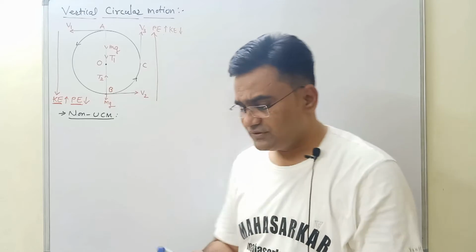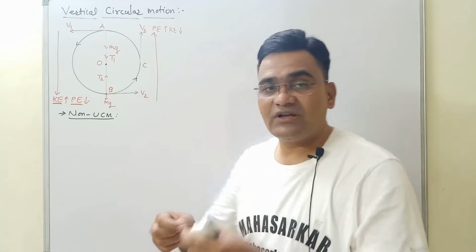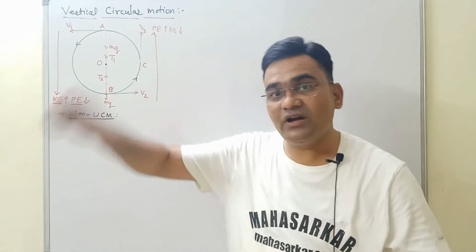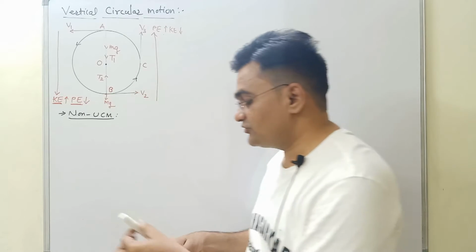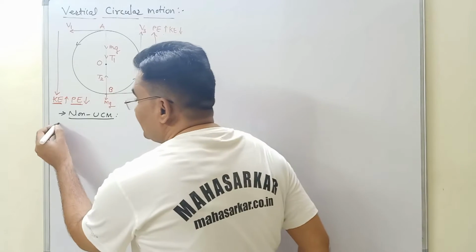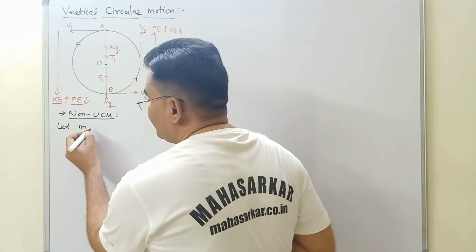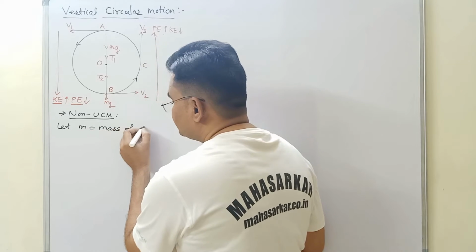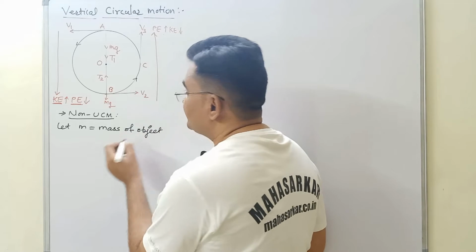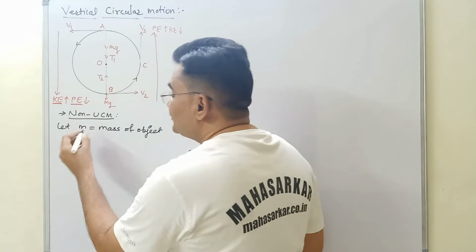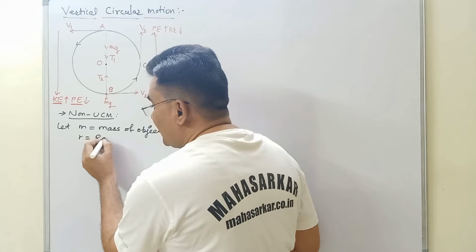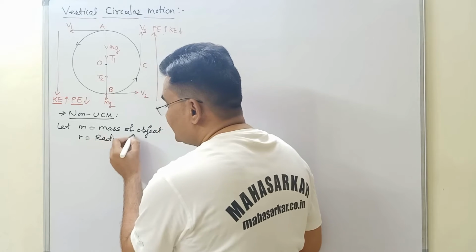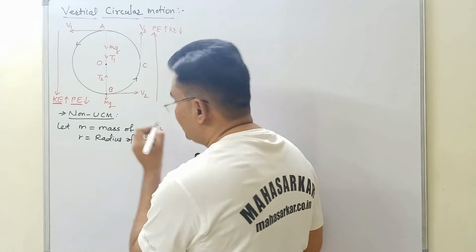So just suppose that you have a stone tied to a string and whirled in a vertical circle. Say let m be the mass of the object attached to that string. When it is rotating in a vertical circle, let r be the radius of the circle.